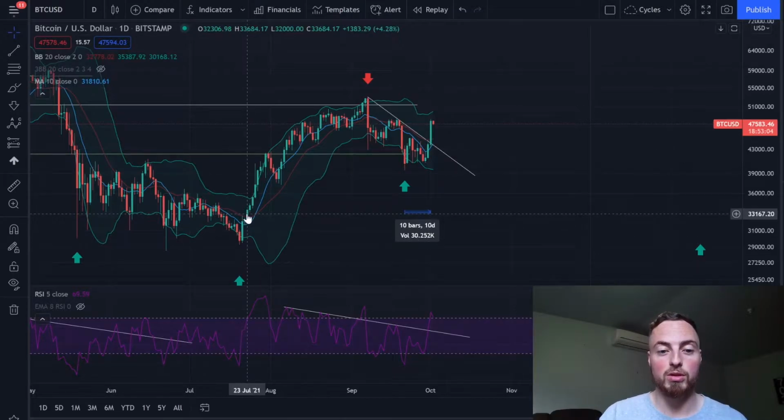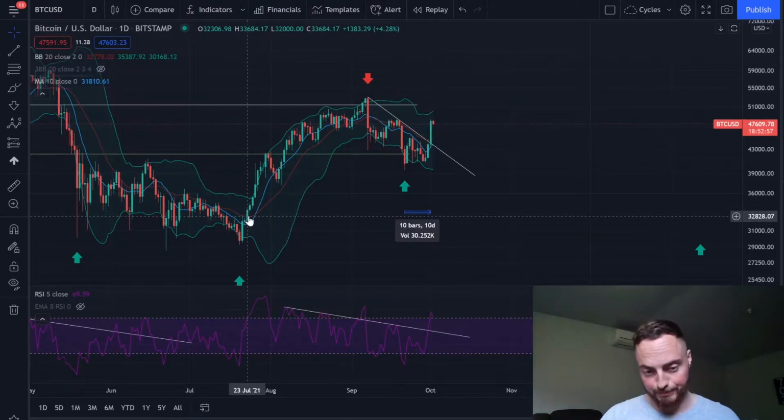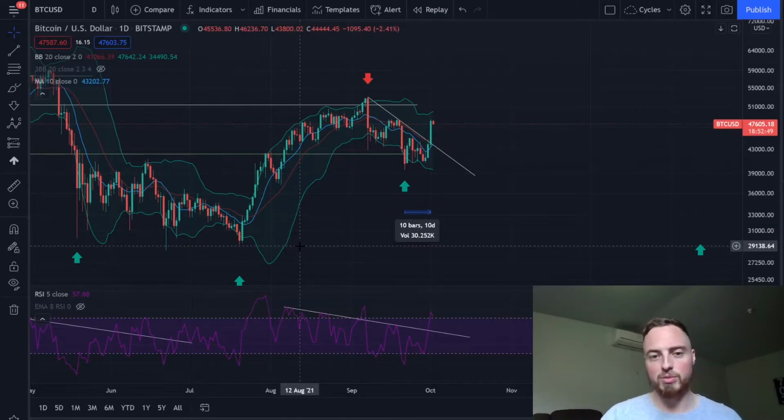So we use the 20-day moving average as a bit of an indicator to say which way the trend is going. It's just a little bit of extra. I think sometimes I myself get a little bit caught up with the different indicators and theories and stuff like that.